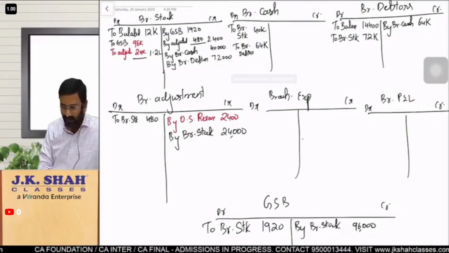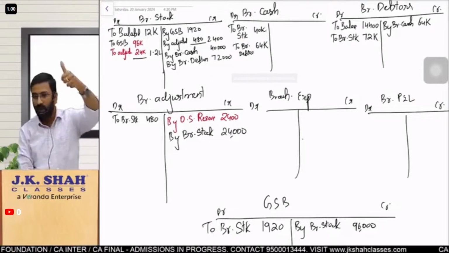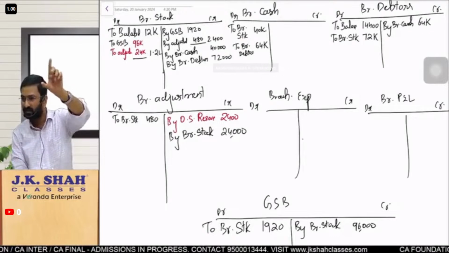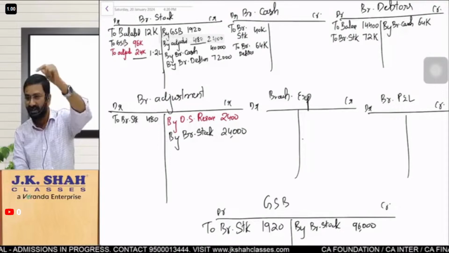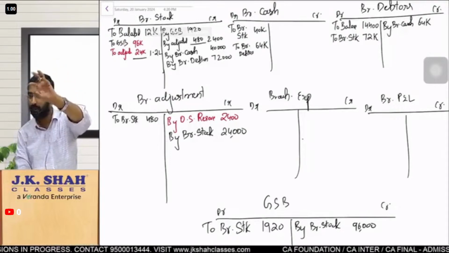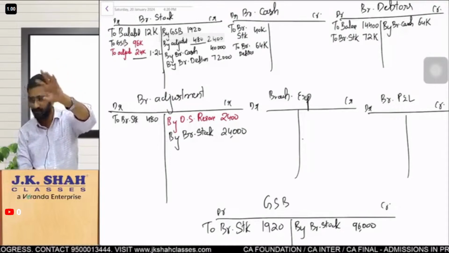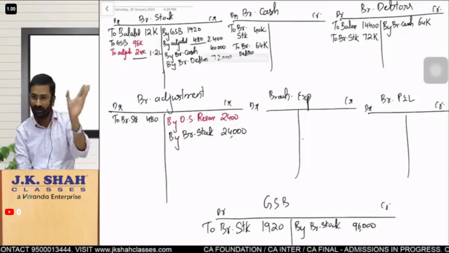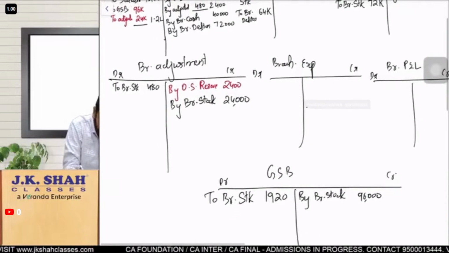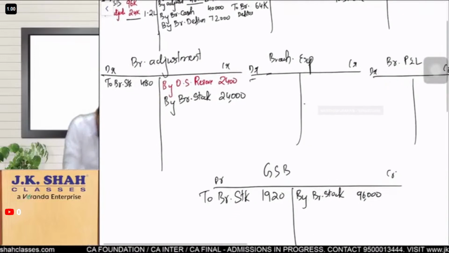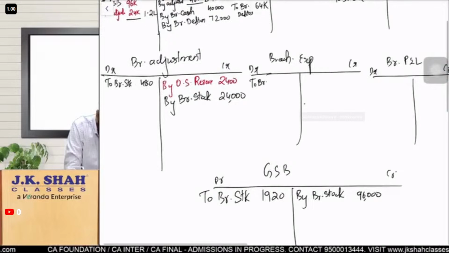Next one. Discount allowed is there, bad debt is there. I'll combine both and put them together. Branch expense to branch debtors. What is the combined amount? 2,000. So branch expense to branch debtors in one entry. In the branch expense account, to branch debtors 2,000, combined amount.